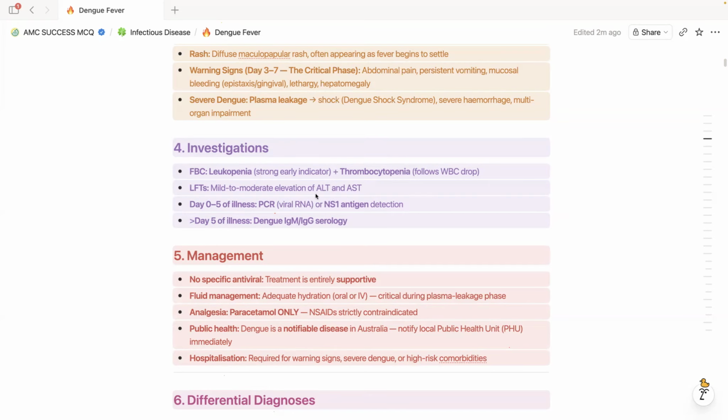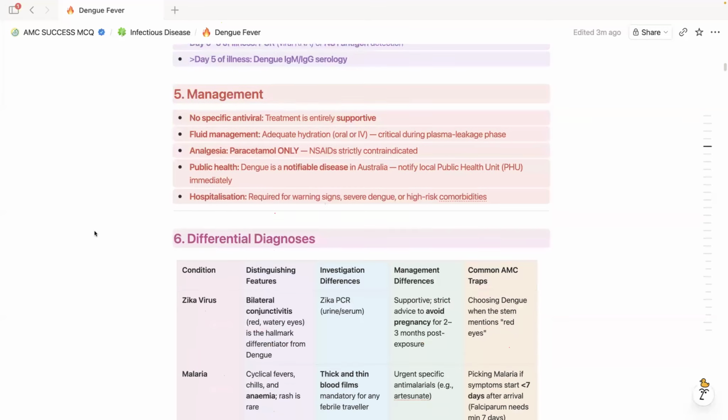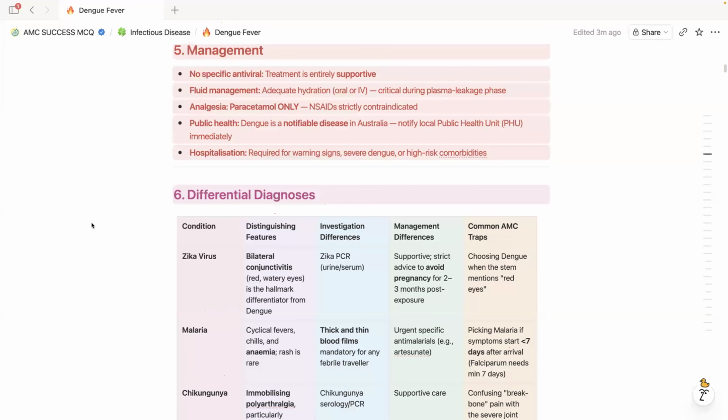So it doesn't matter if the patient came from overseas 3 days before and on day 4 came to the GP with the signs and symptoms. Think about dengue.